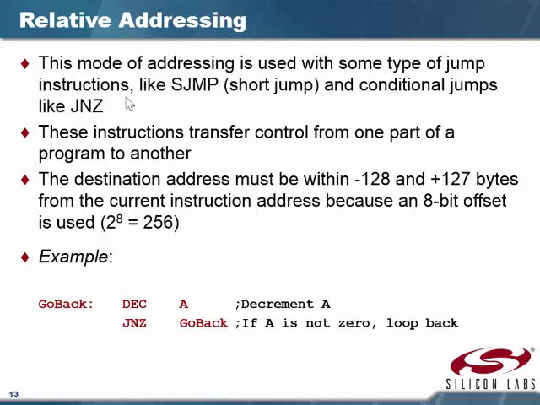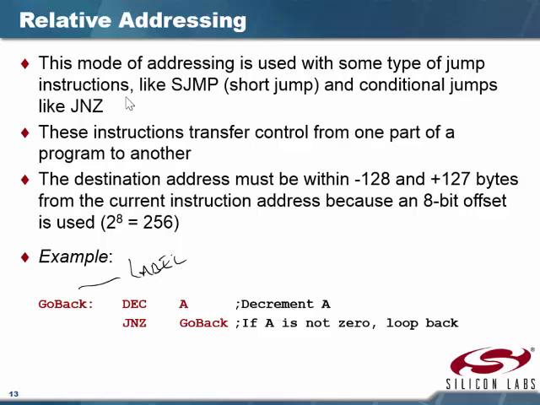Here is an example, just a simple delay loop. We load A up with some number. We decrement A by 1. Then the next instruction is jump not zero to location go back. Go back is a label, and it can be anything you want.